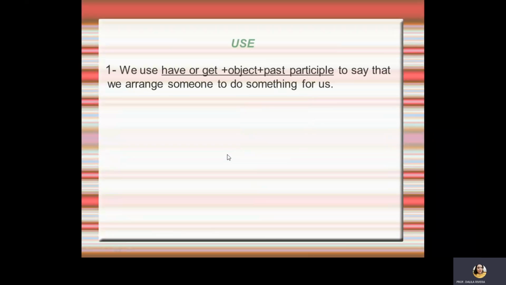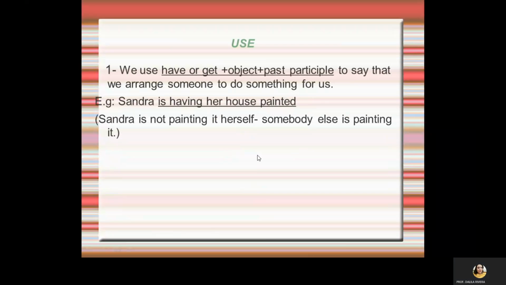So how are we going to form it? We use have or get, then the object, my house, my car, the windows, etc. The object is going to be in the middle, and then we have a verb in past participle: painted, decorated, repaired, fixed, etc. This is to say that we arrange for someone to do something for us.